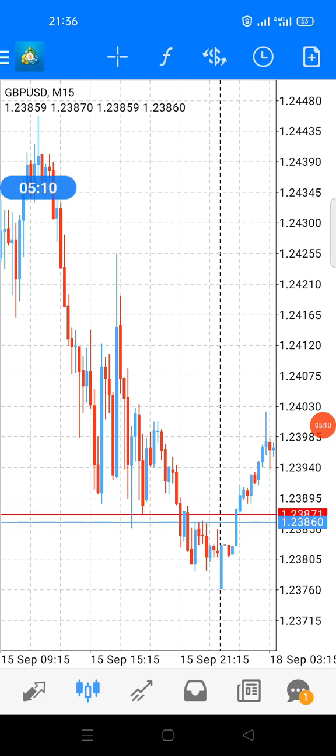The second one could be a line chart. The third one could be a bar chart. Whichever one you want to use to trade will reflect here, and it shows you the up and down movement of the forex market.